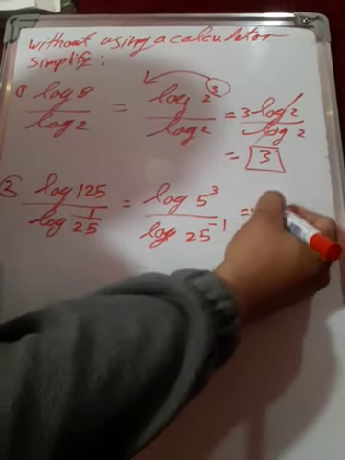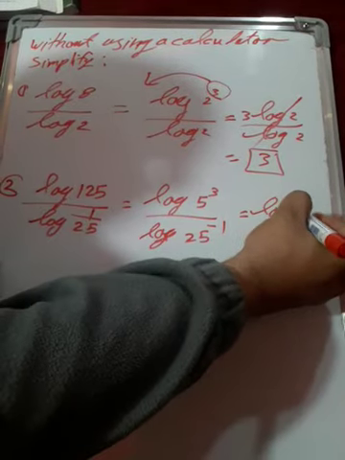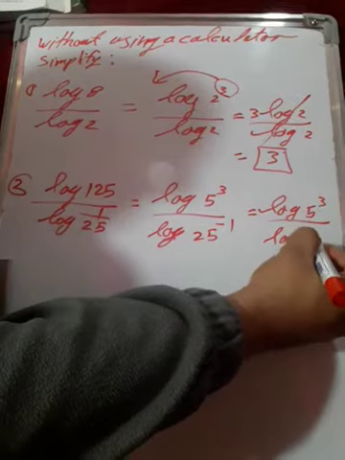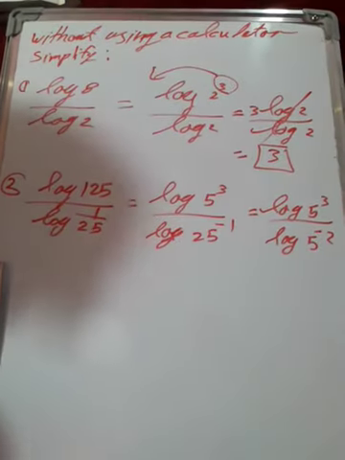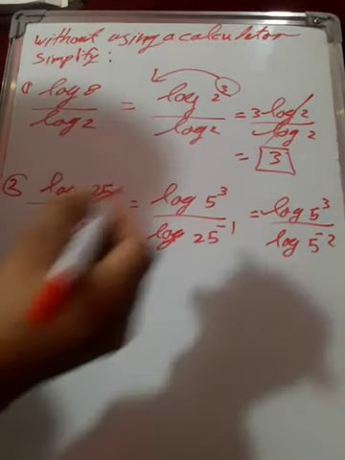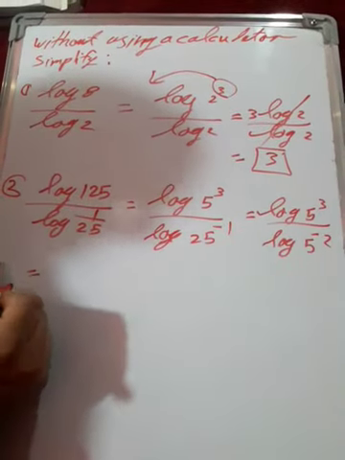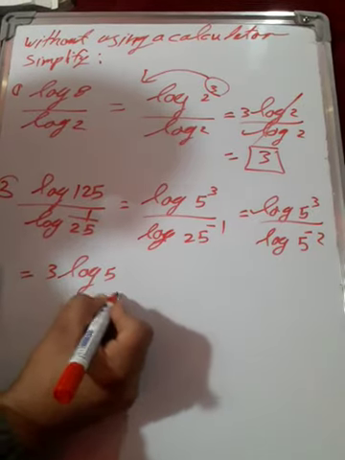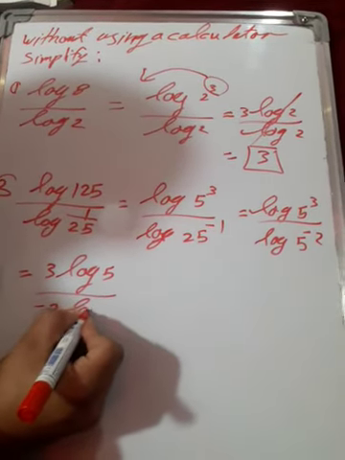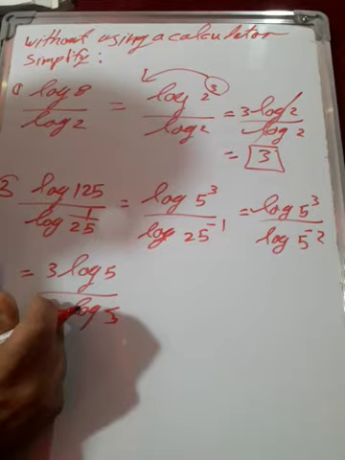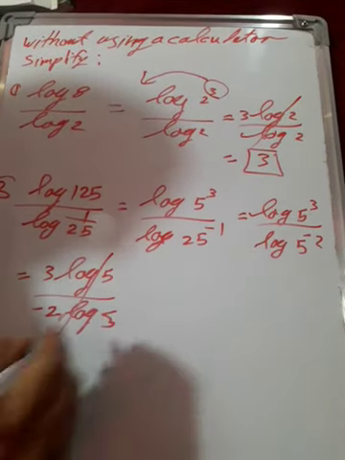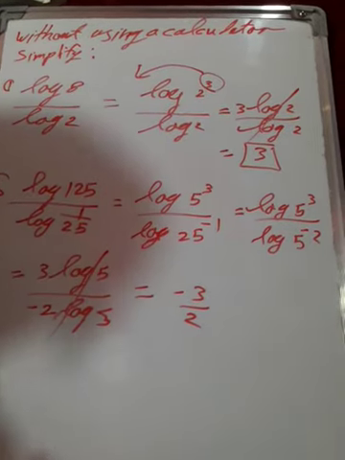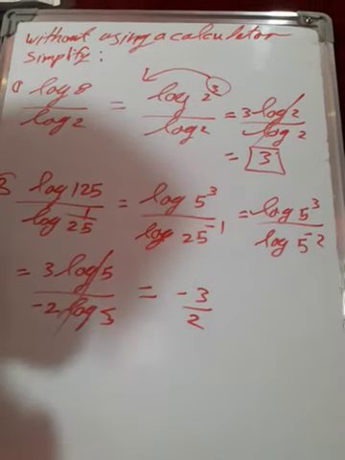Then I'll get logarithm 5 to the power 3 over logarithm 5 to the power minus 2, because 25 equals 5 to the power 2. I can take the powers outside. 3 logarithm 5 over minus 2 logarithm 5. Then I can simplify it and get minus 3 over 2.